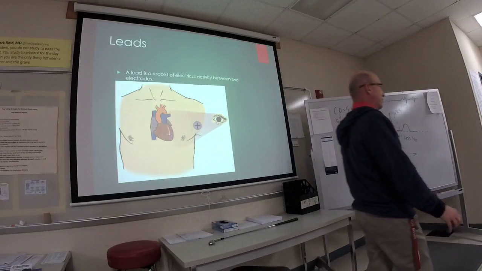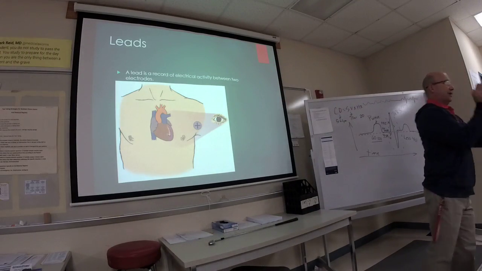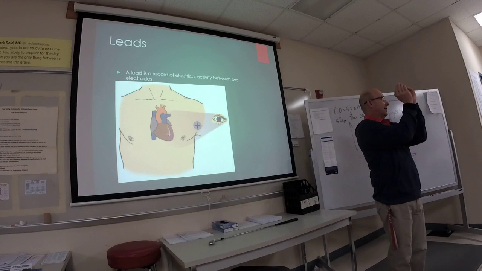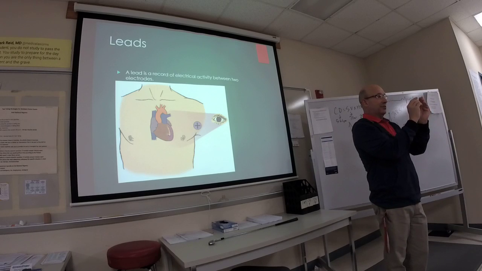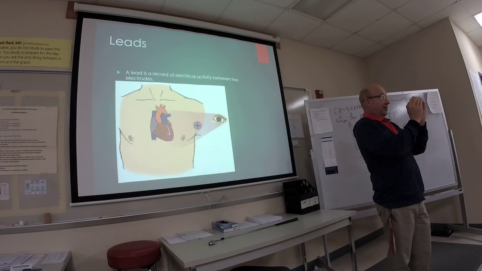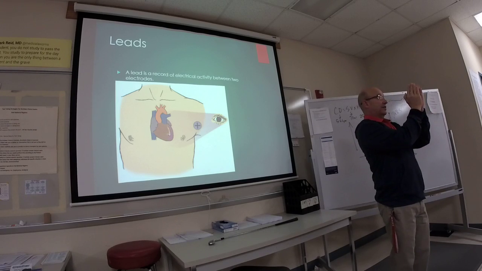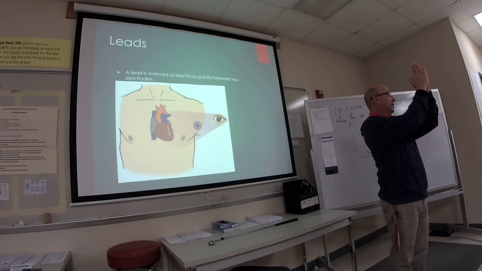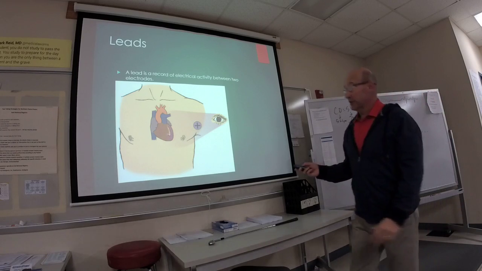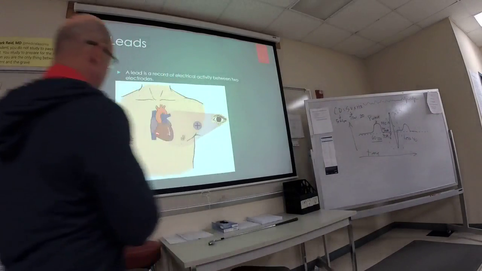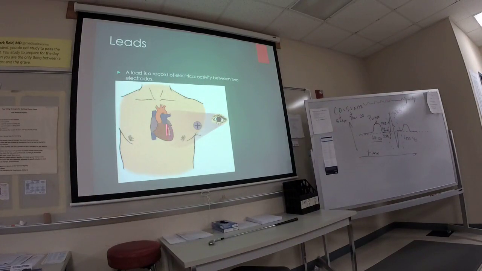Because the heart contracts like this. Okay, so that left ventricle takes about 75% of the workload. It's a real thick chamber, and so it contracts upward like that, pushes the blood up. So lead 2, or the inferior look, is very important. But we have an anterior, a lateral, right?